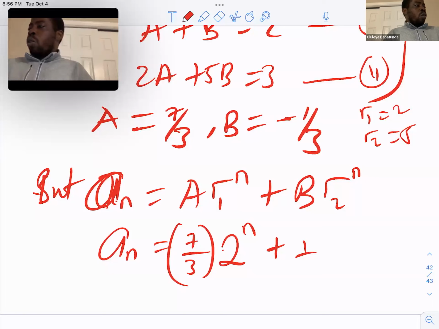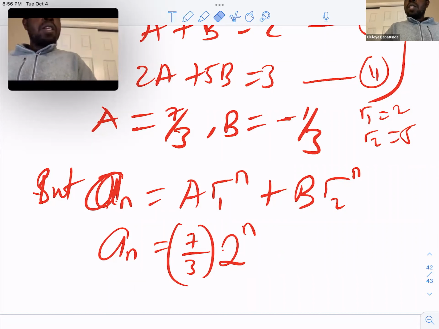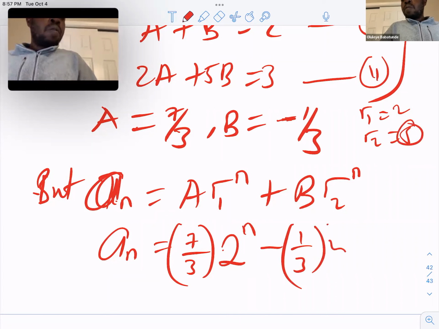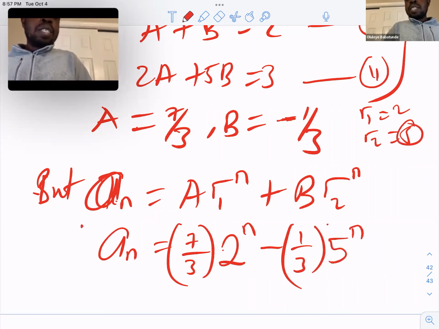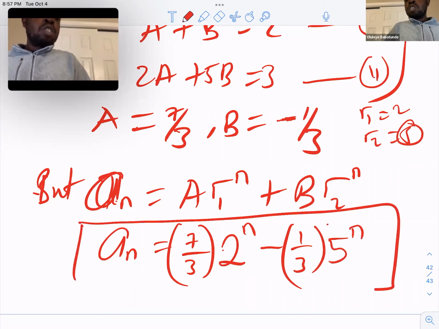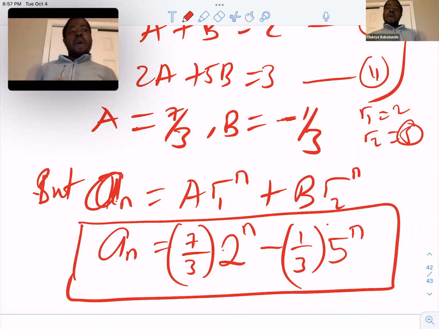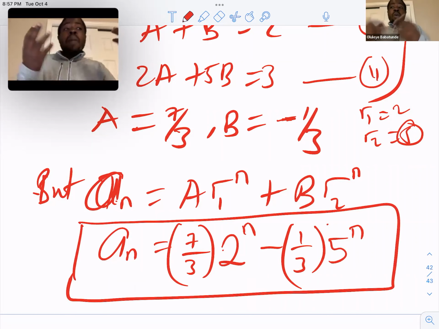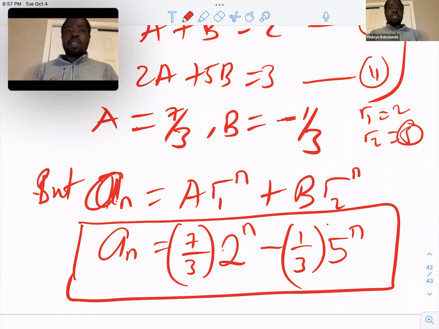I want to be sure. Yeah, -1/3, because this is negative here. So bracket, r2 is 5 raised to power n. This is the general solution, and we can use it for prediction, right?